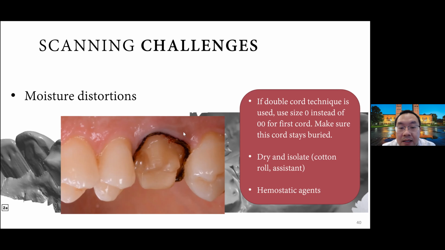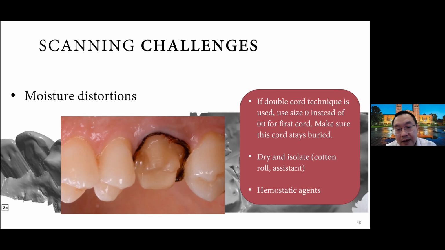So you can add on a certain portion of the margins just by using the rubber dam to scan in the tooth that you're prepping, and then take off the rubber dam and scan in the adjacent contours. You can do that. It's a trick that you can try if you want to discover it.